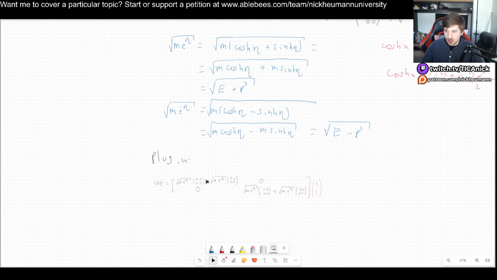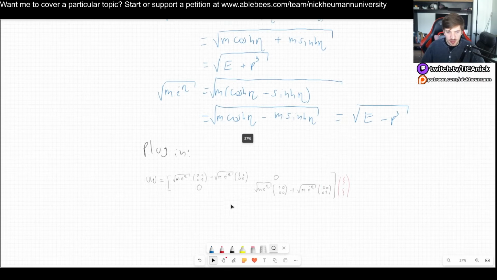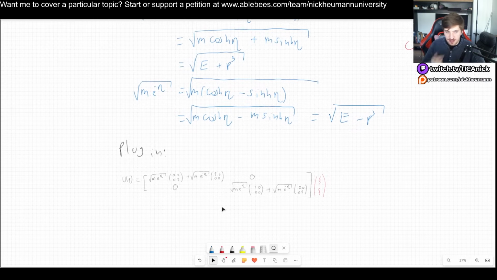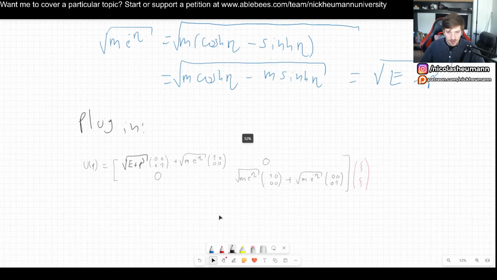Okay, there it is. So now I copied it. I made it a bit smaller so that we can go to a more reasonable size. So then, as we saw, m e to the eta inside of a square root is simply the square root of E plus P3. I think I'm going to zoom in further.